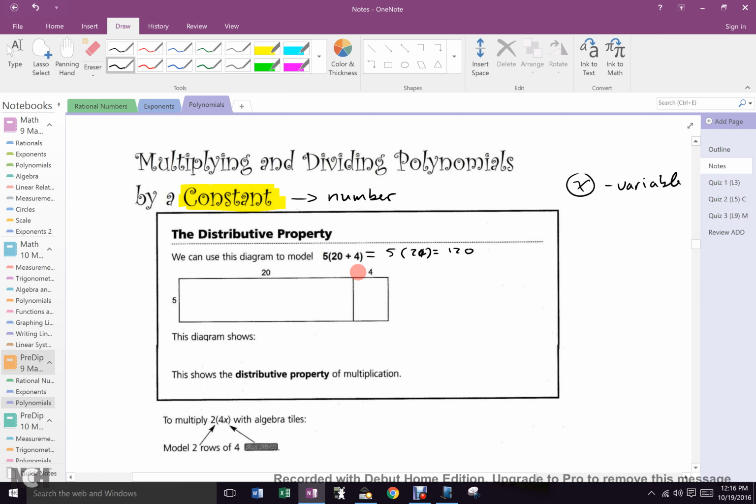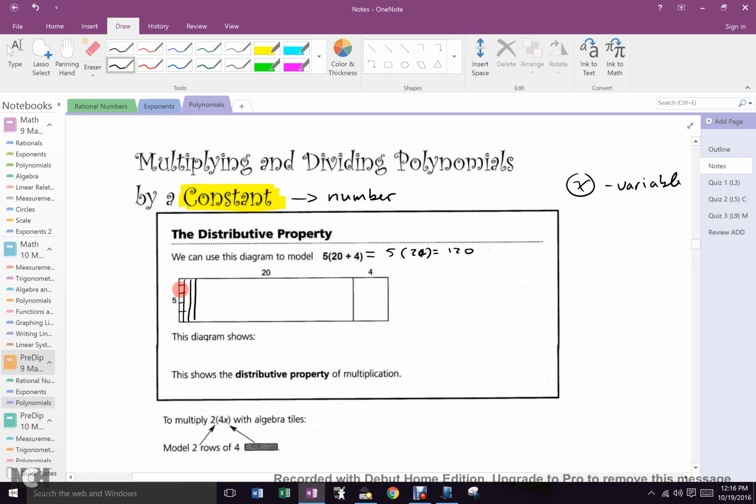What does this mean when I put a 5 here? What does that mean for this distance? Like 5 units. It's in 5 chunks. Agreed? And what does this 20 mean for this direction? 20 chunks.